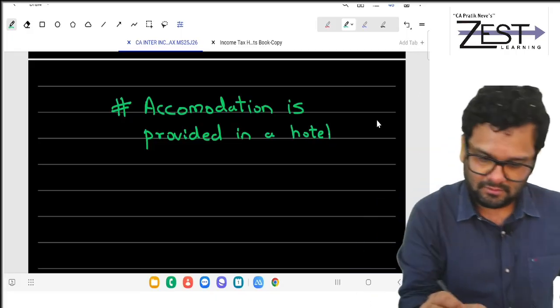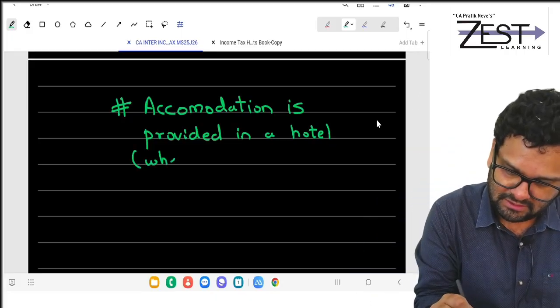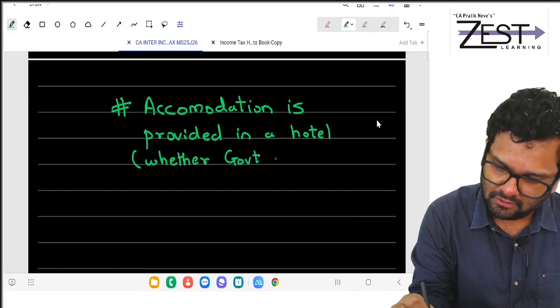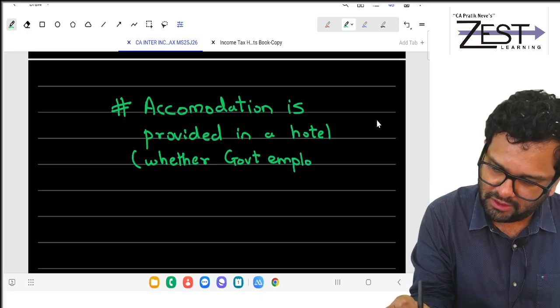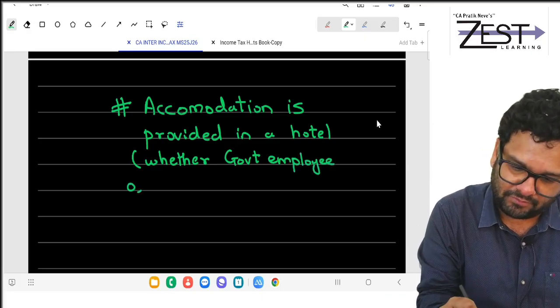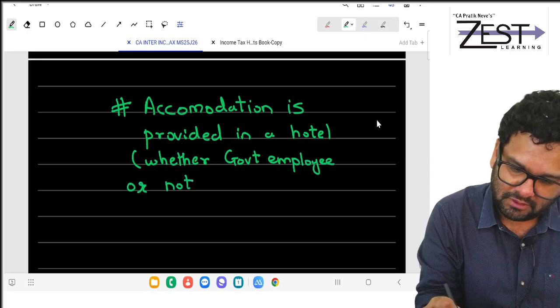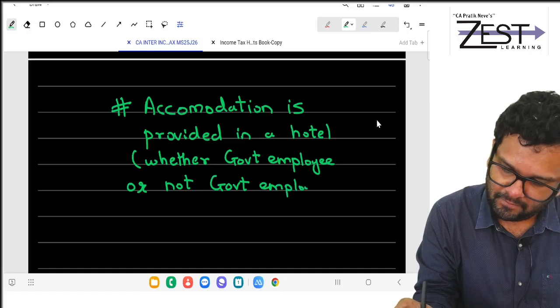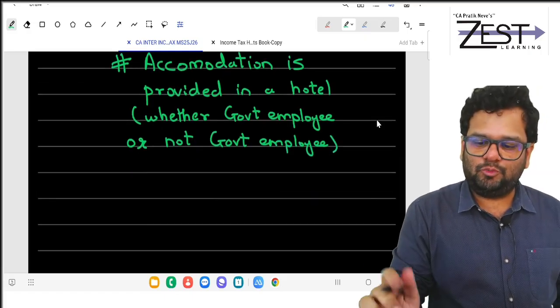To whom? Whether government employee or not government employee, doesn't matter. There are two possibilities in this.